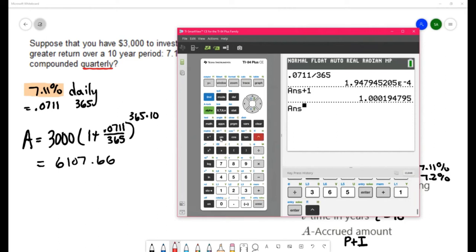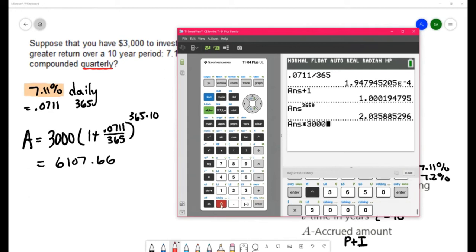I'm going to raise this, and 365 times 10 is 3,650. And then I'll multiply that by the 3,000. And you can see we get the same answer, $6,107.66 if we round it to the nearest cent.